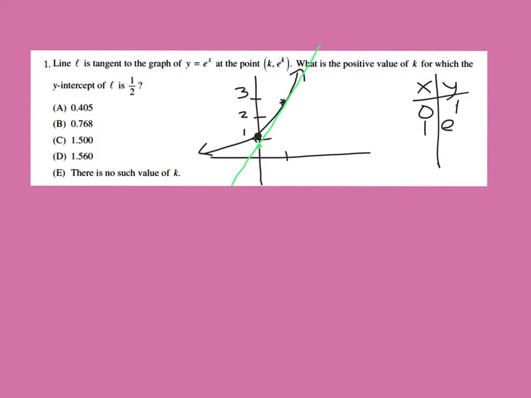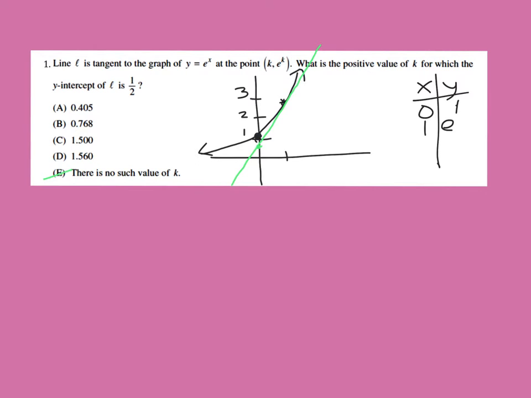And you can see based on the choices that it is going to occur at one of those points. So actually, if you're able to draw a picture like this, you can automatically eliminate choice E, because we can see that we probably can find a tangent line that actually intersects the graph and has a y-intercept at 1/2.